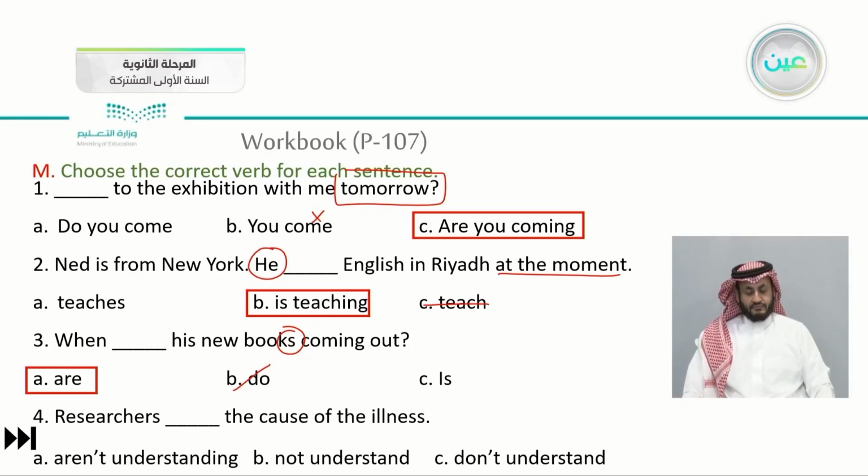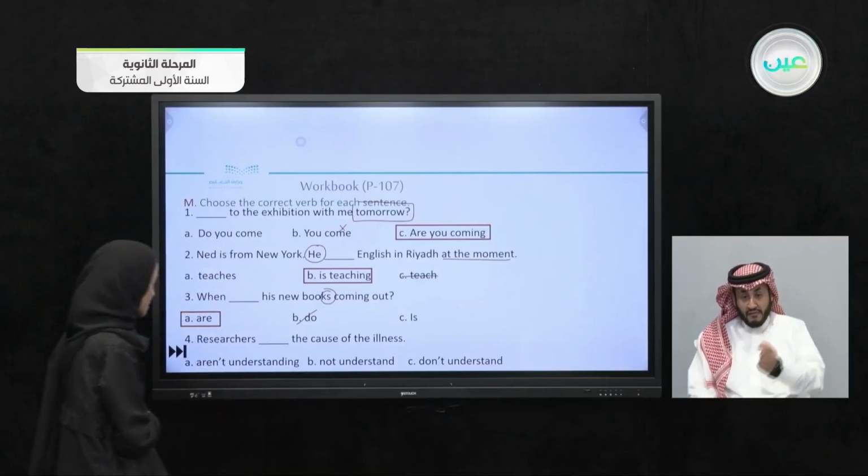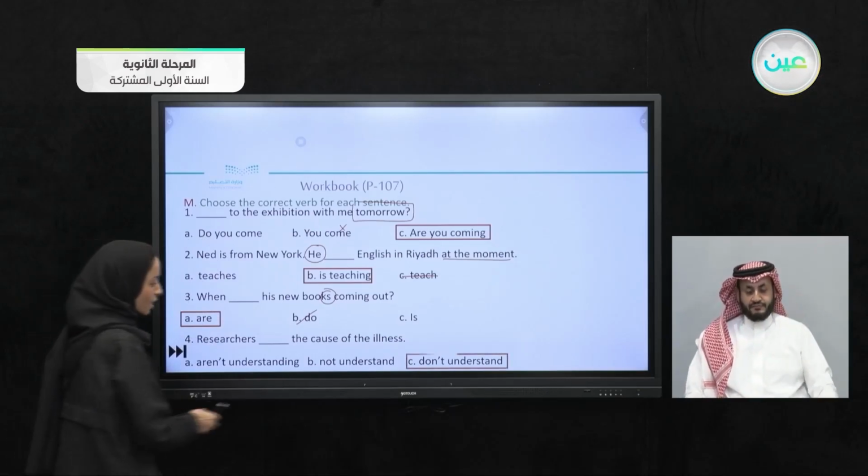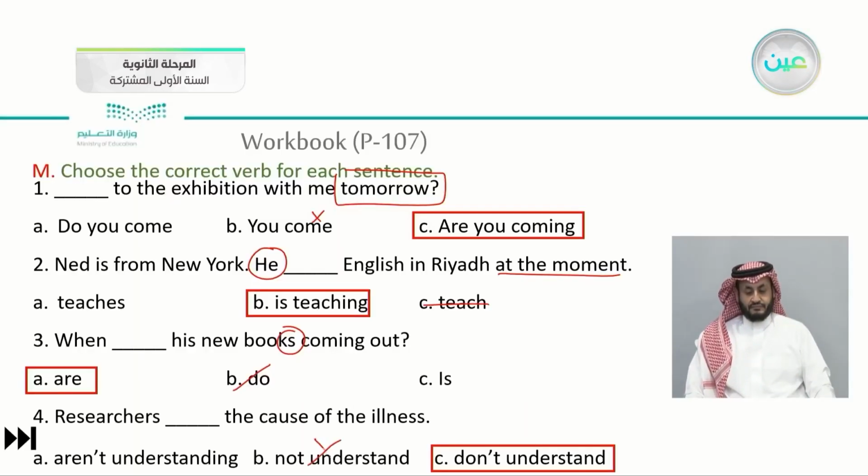Researchers are not understanding, not understand, or do not understand the cause of the illness. By the way, understand is a stative verb. So here we will use do not understand. You cannot use this one because it is grammatically incorrect, and are not understanding is for action verbs.